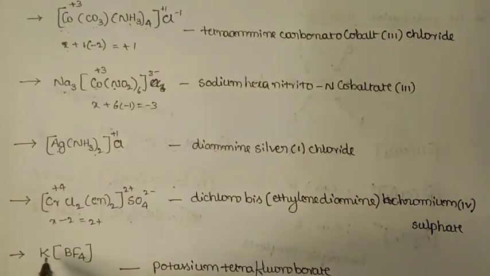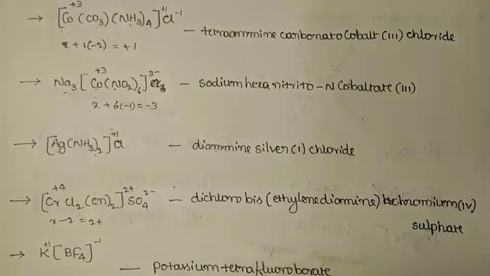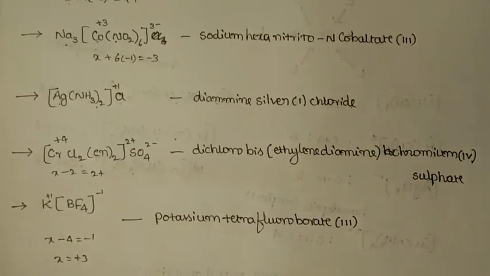For the oxidation state, here it is potassium with 1 plus, so the complex is 1 minus. So X minus 4 equals minus 1, so X equals plus 3. So borate(III). And that's the name of this particular complex.